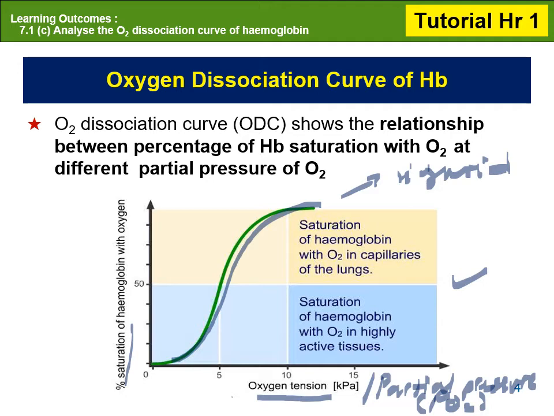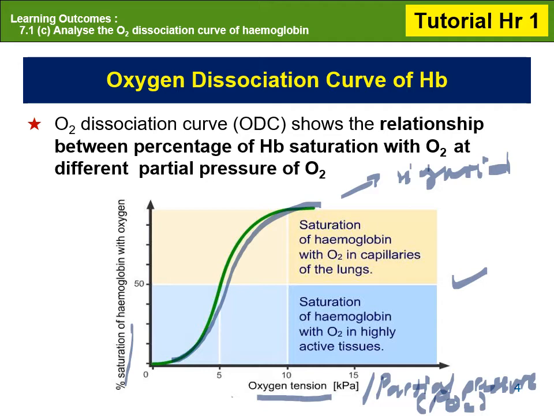So bila satu bind, yang tiga lagi seterusnya. Bila one molecule of oxygen bind to the polypeptide, akan ada 3 lagi molecule of oxygen terus akan binding to the polypeptide. Itu kita panggil the cooperative binding. Cooperative binding of oxygen to 4 polypeptide chain of hemoglobin.